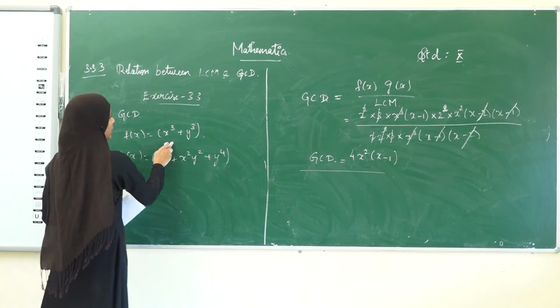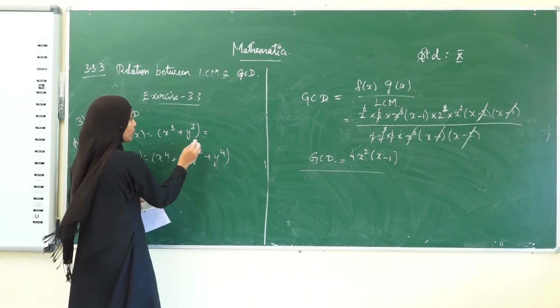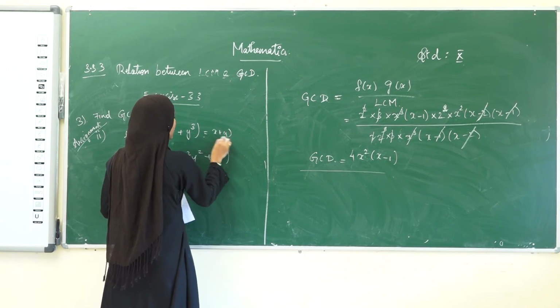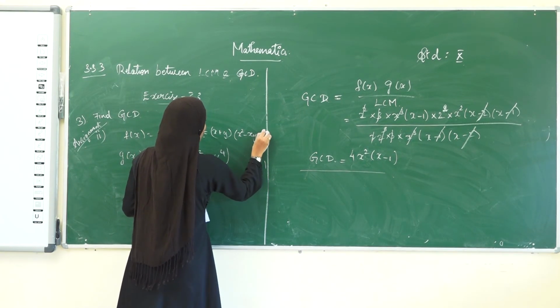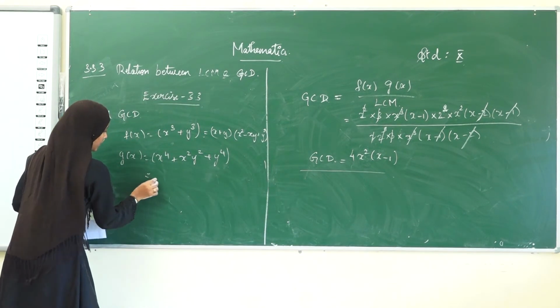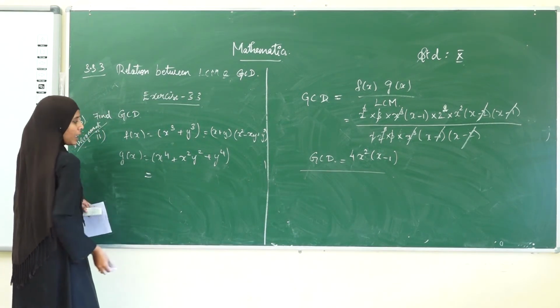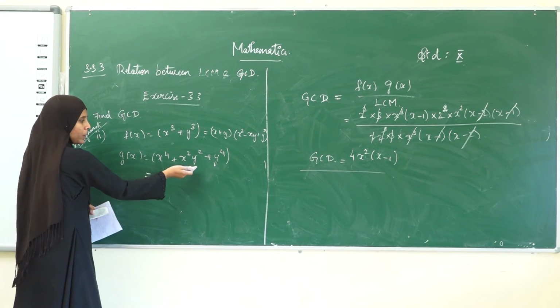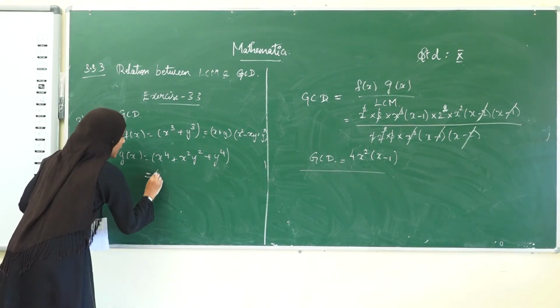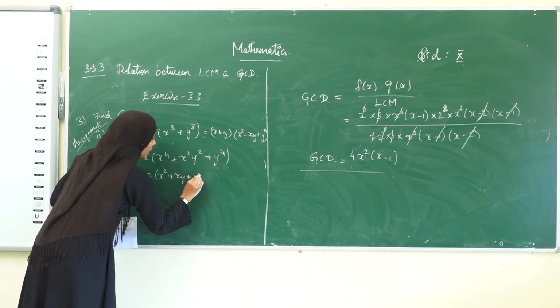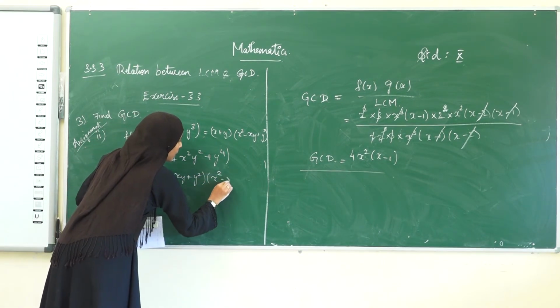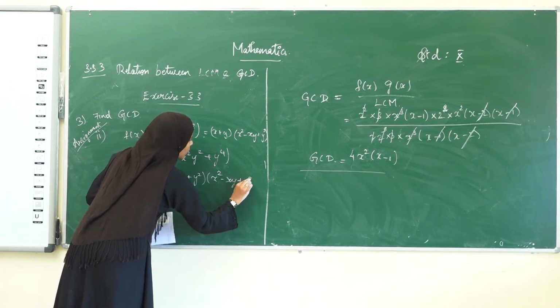Now we are going to expand this. This is the a cube plus b cube formula, that is x plus y into x square minus xy plus y square. And this term, a power 4 plus a square b square plus b power 4, can be written as x square plus xy plus y square into x square minus xy plus y square.